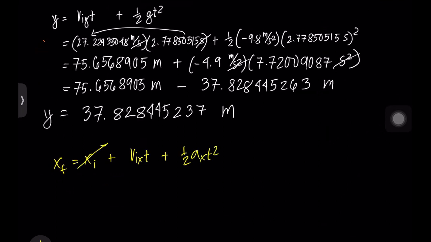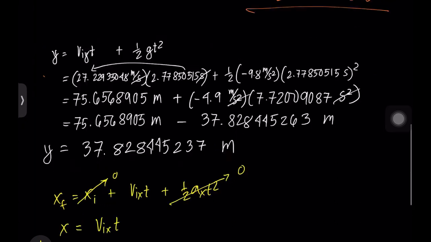But we don't have the value of x sub i, and we also don't have the acceleration, so we can cancel those out. In this case, the range x is just equal to v sub ix times the total time. Last time we were able to prove that the T up is the same as the T down, so we simply multiply it by 2 to get the total time for that motion.